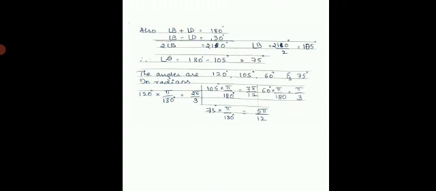That is, angle D is equal to 180 minus 105, that is equal to 75 degree. Now, write down all the four angles systematically. That is, angle A is 120 degree, angle B is 105 degree, angle C is 60 degree, and angle D is equal to 75 degree.